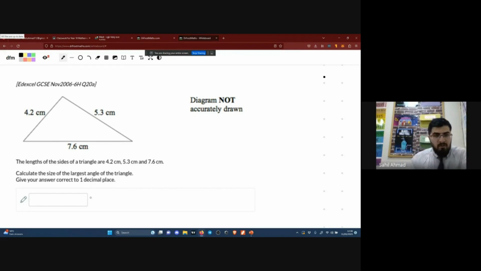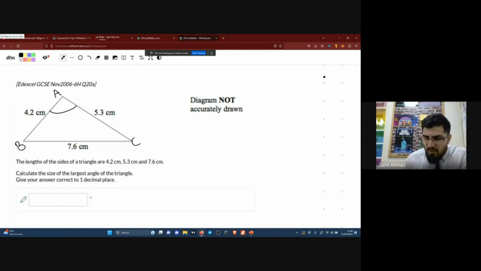Now, one of the angles, the largest angle of the triangle, okay? I believe this might be the largest angle of the triangle, so we'll assume we work out this one first. Now, remember, this is not labeled at all, so we can label it how we want to label it. So let's label this A, let's label this B, and let's label this C.